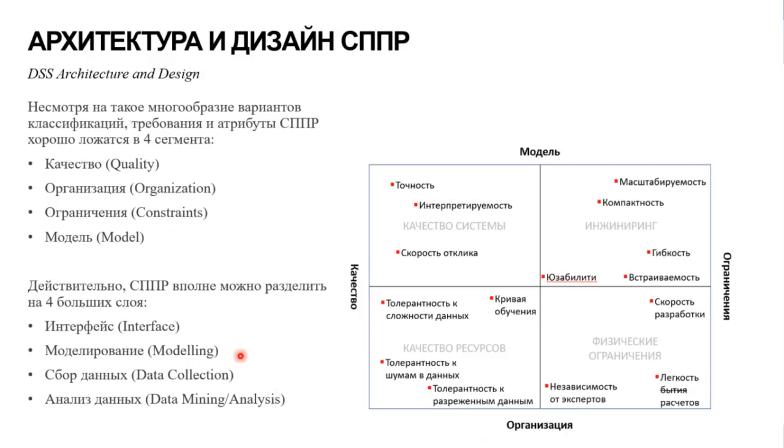And we have the data collection component, and sometimes it could be automated. It does not have to be manual, but it could be connected to maybe an SQL data set or Postgres database or Oracle database somewhere. And then we have the data analysis or data mining component of the decision-making system.